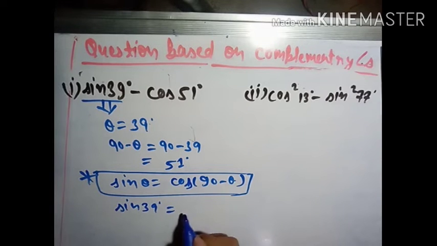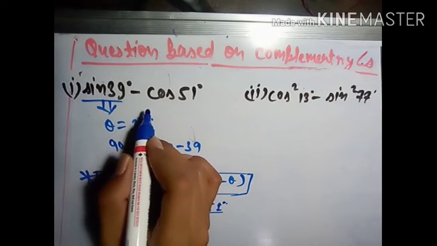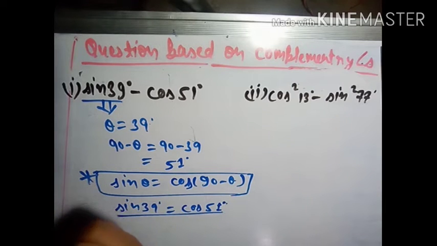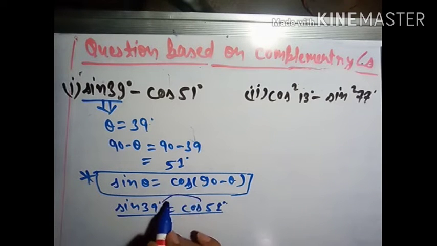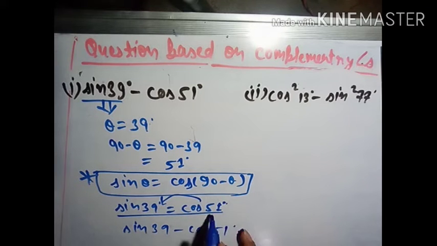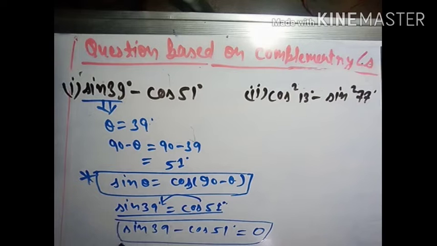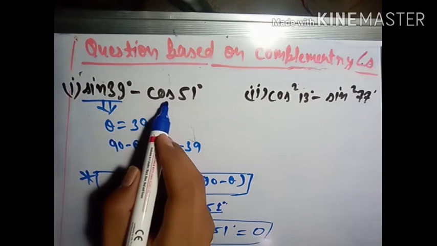Good, cos 51. Now for this equation to look like this, you need to do a simple single step. The step will be to bring this value here. This is positive, and when you bring it to this side, this becomes negative. Do you understand? Now what is left here? 0, obviously, because you are bringing the whole thing from RHS to LHS, so it becomes 0. Got the value? That is equal to 0 degree. So this becomes 0 degree. Understand?